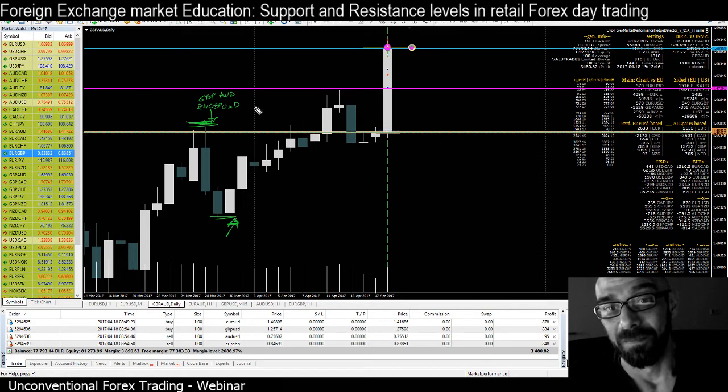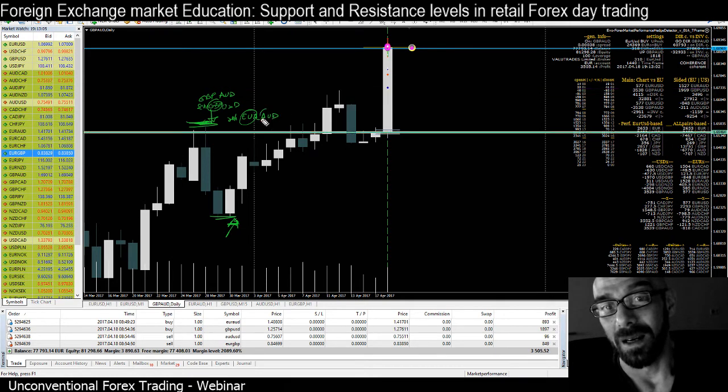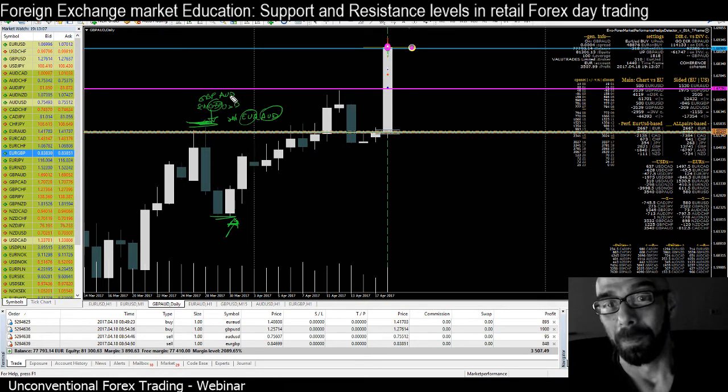and made a sell of euro Australian dollar, which means selling euro, selling GBP, and buying Australian dollar, which is the same thing as selling GBP and buying Australian dollar.